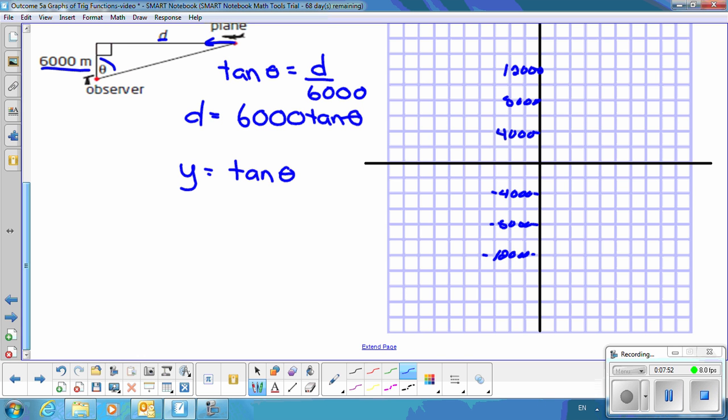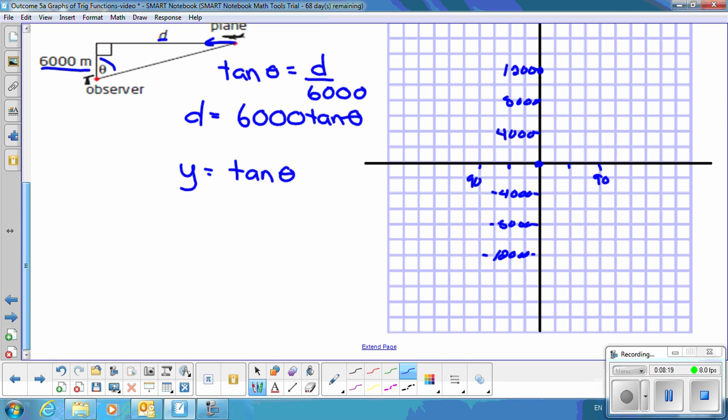The first point on our graph, and I guess we're doing it in degrees, so this is going to be 0. Let's make this 90, 45, and 90. I know that my tangent function starts at 0, 0, and at 45 degrees it becomes 1. So 0, 0 is unaffected by any stretch. At 1, I'm now multiplying.